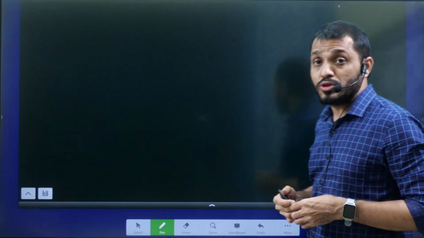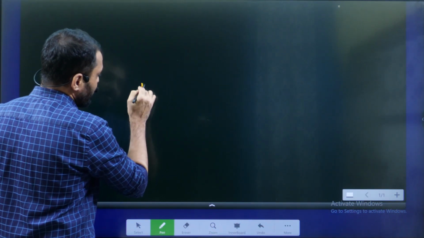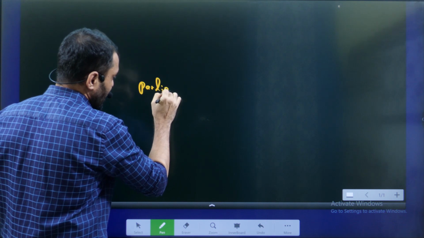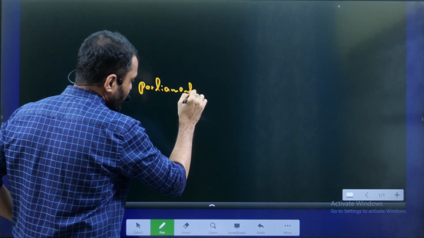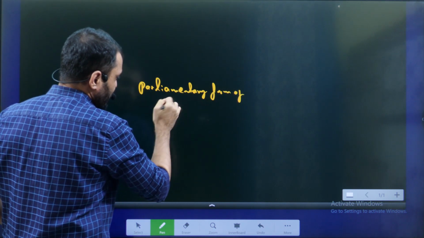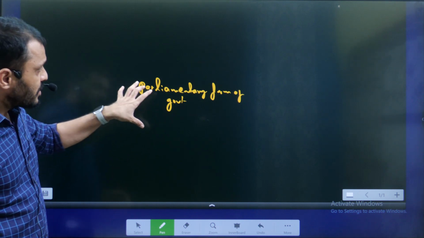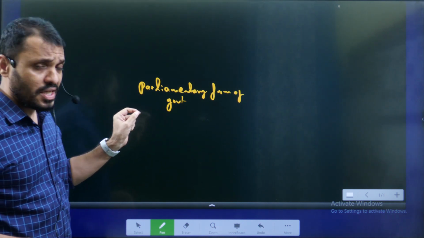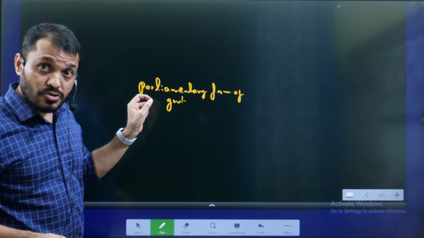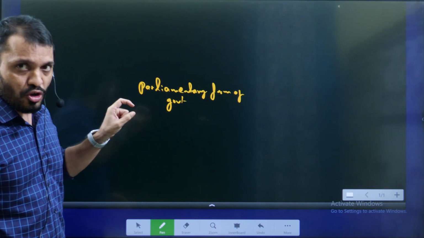First, let me explain the concept. You know students, in India we follow the parliamentary form of government. This is the crux. We have two types of governments, parliamentary form of government and presidential form of government. In the 2022 UPSC prelims, they asked one question on the parliamentary form of government.